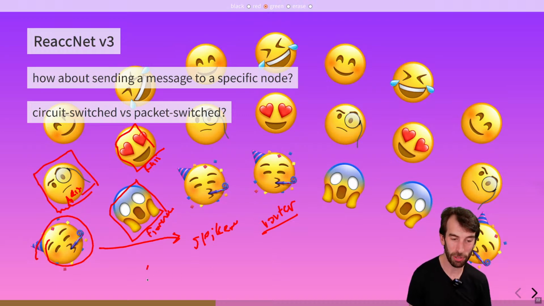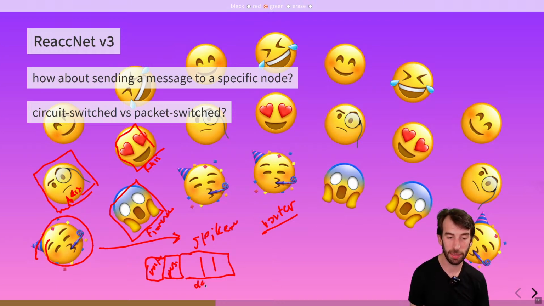So we're going to have two parts, a router address, then the person, and then our packet, our data. And we'll only have a 3-bit message this time for data. Someone sent me a ReactNet version 3 message.